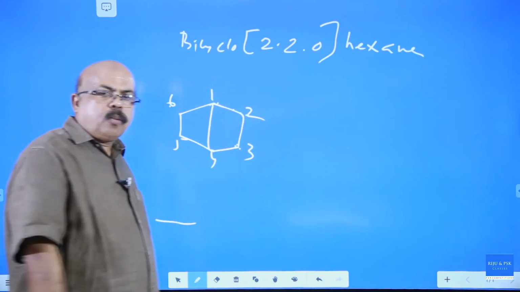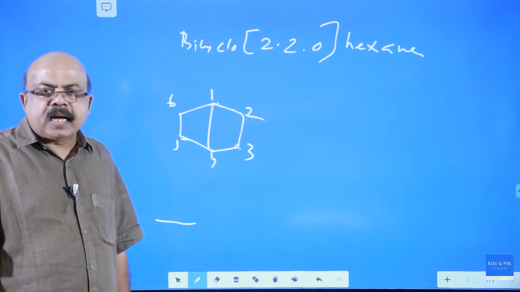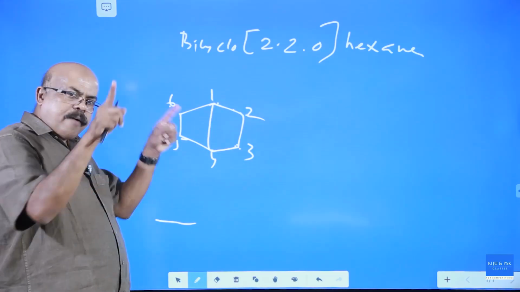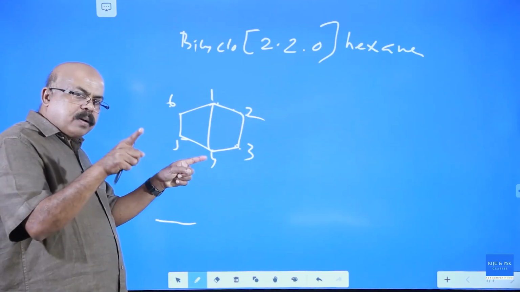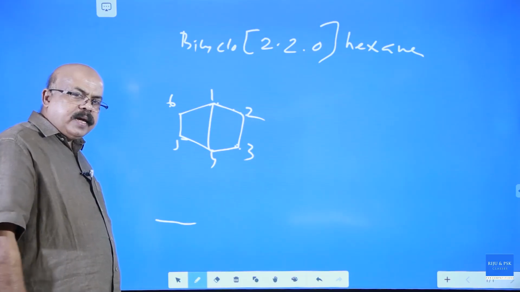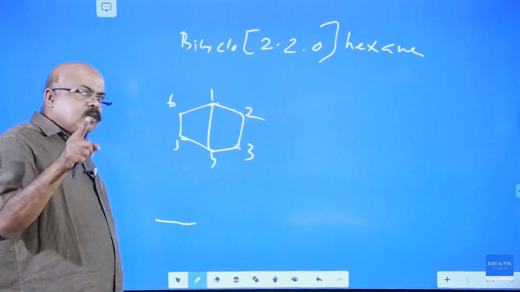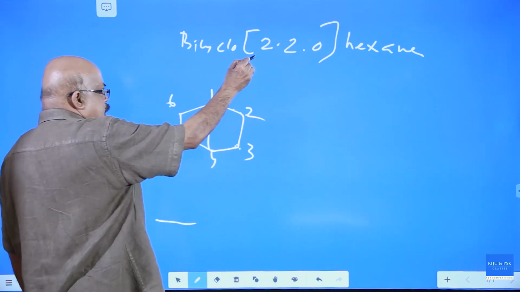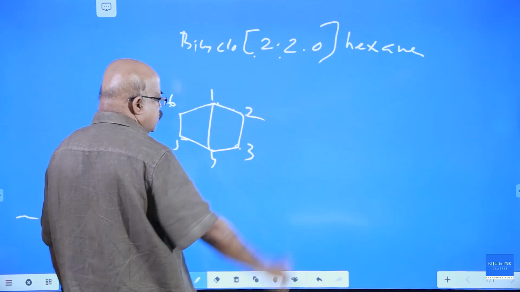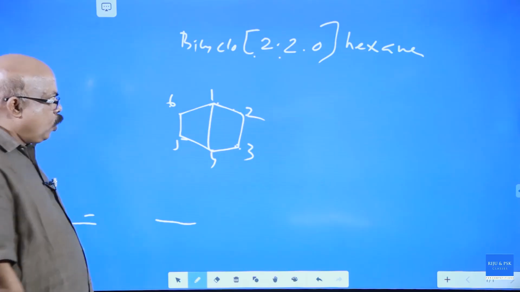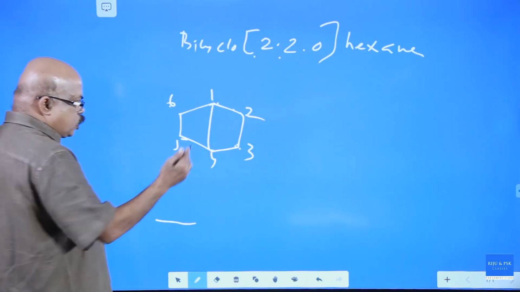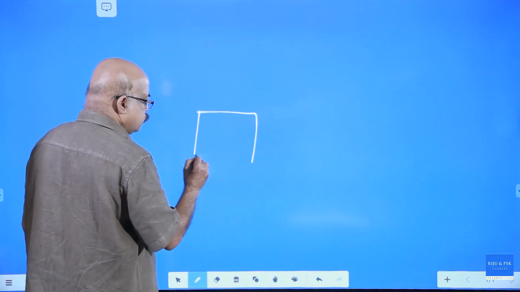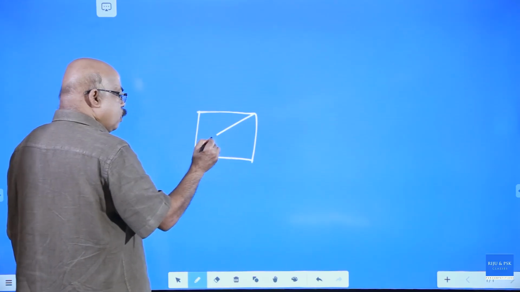So bicyclo compounds are bicycloalkanes. In between the cyclo and alkane name, you have to mention the number of carbon atoms in the various bridges. The one with more number of carbon atoms is written first, bigger number, smaller number, finally the smallest number. Bicyclo 220 hexane is your answer. This is a bicyclo compound.